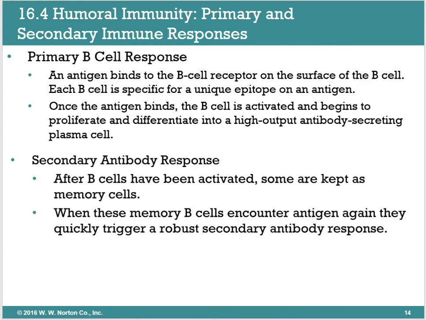So primary B cell responses, so this is all for the humoral side of our immune system. So the primary response is where an antigen will actually bind to a B cell, and then from that, what will happen is that once it's bound, the B cell is activated.